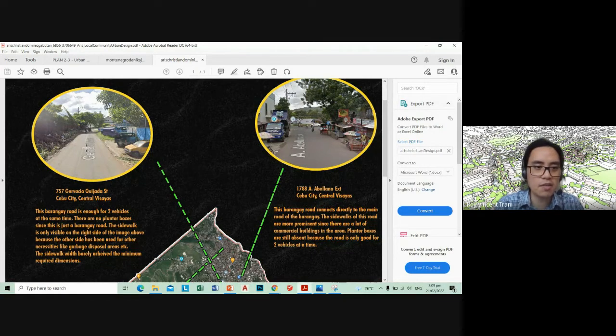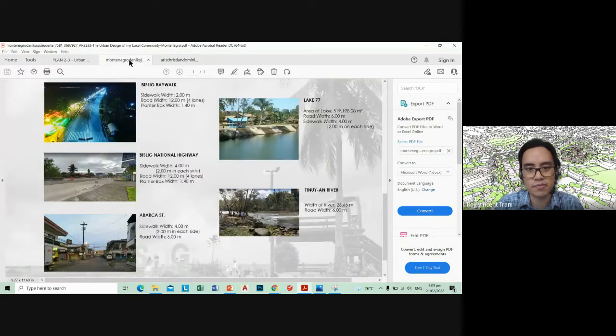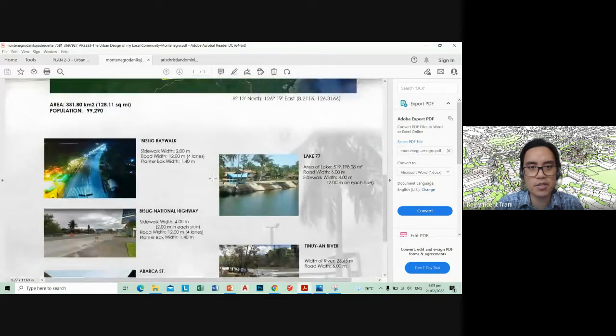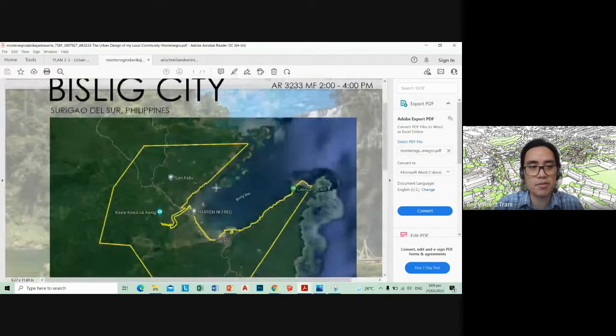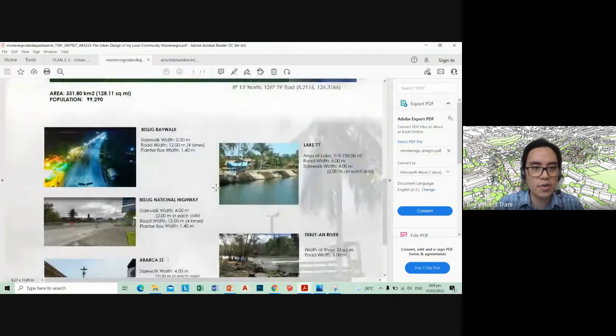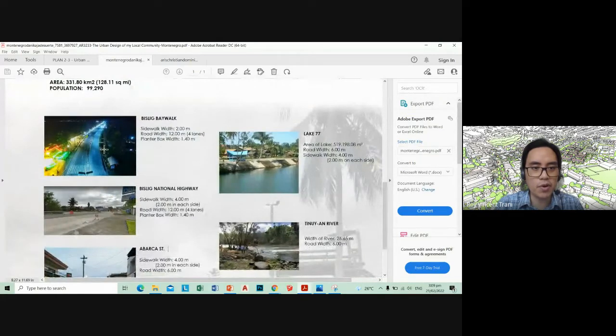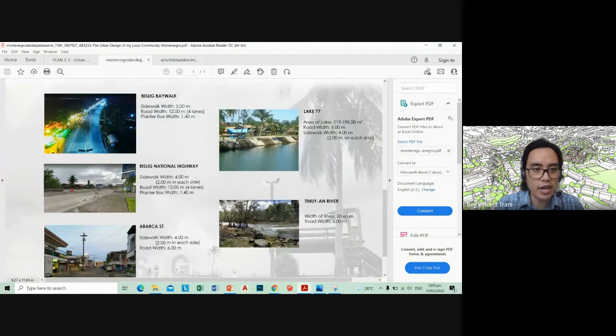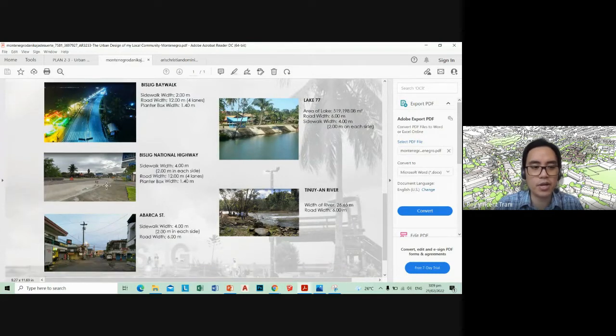And then in 757 Hervasio Quijada Street, there are no sidewalks and it's just a road. And then our earlier example in Bislig City, we have a well-developed baywalk area, and a national highway with, it seems, no sidewalks, so it's really for cars, highway only.